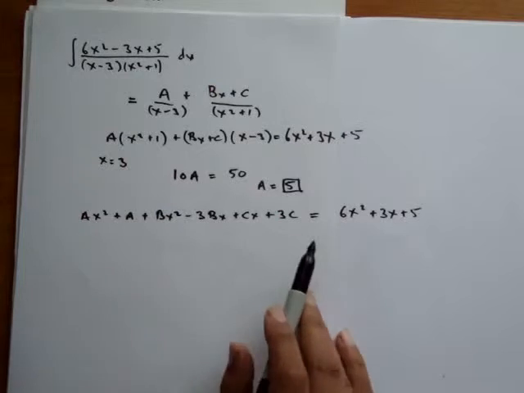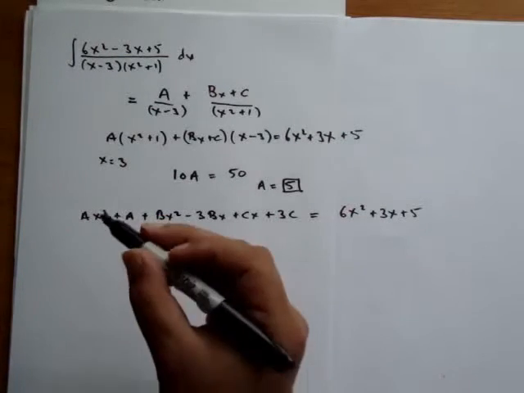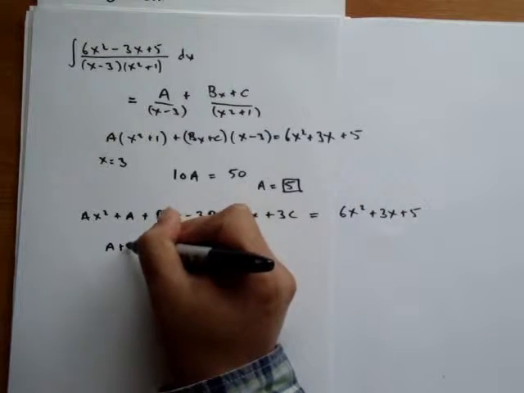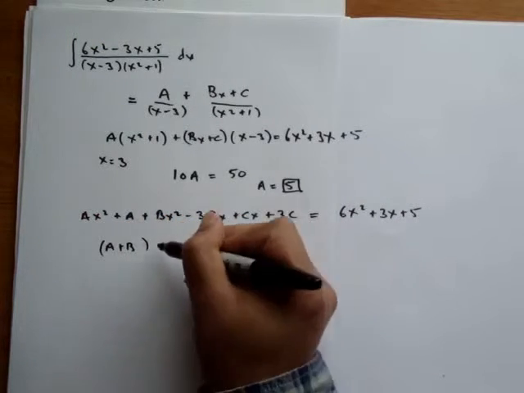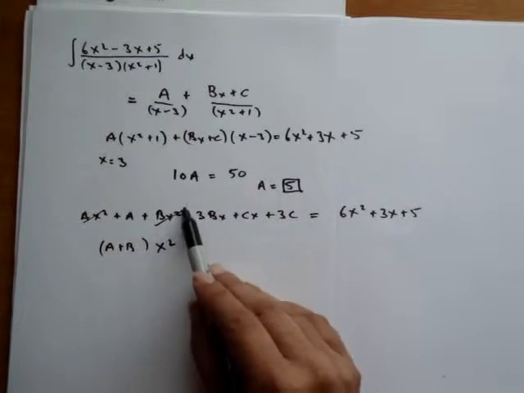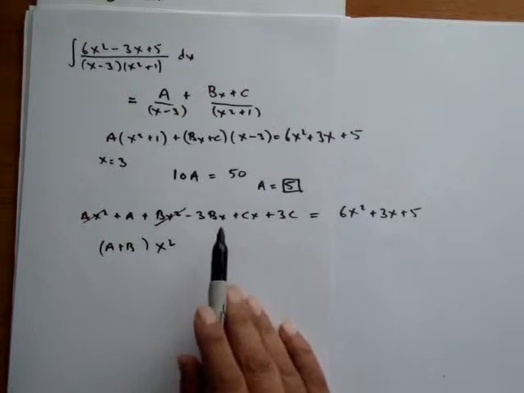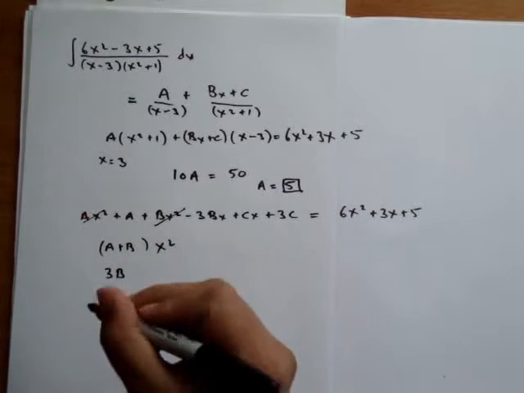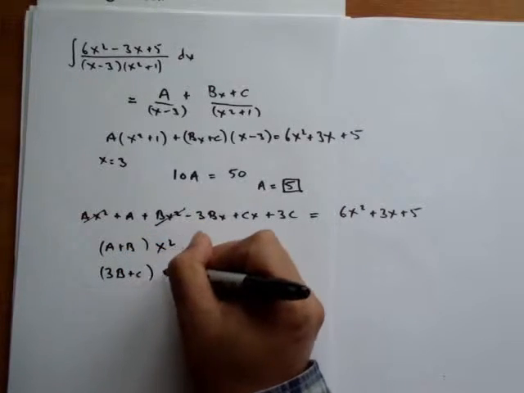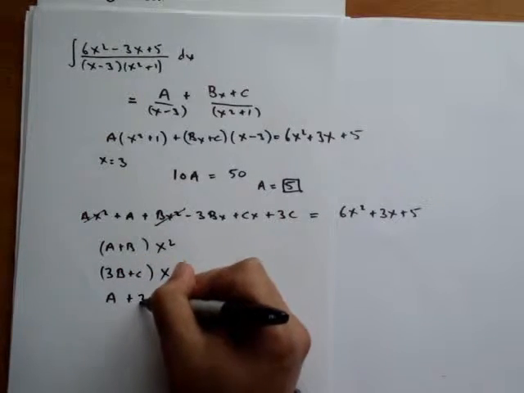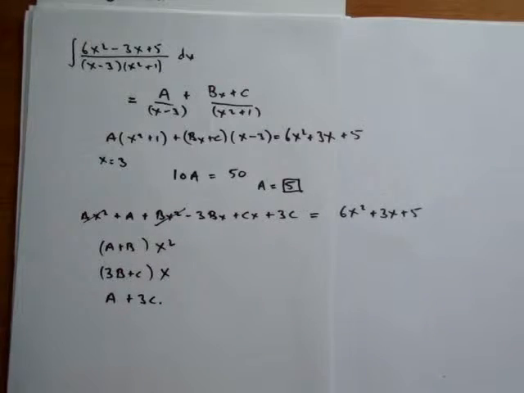Now what we do is we collect the like terms. So we have (A plus B)x squared, and then we look at the x's and we have (minus 3B plus C)x, and then we just have these A minus 3C left over, which will equal the constant 5 here.